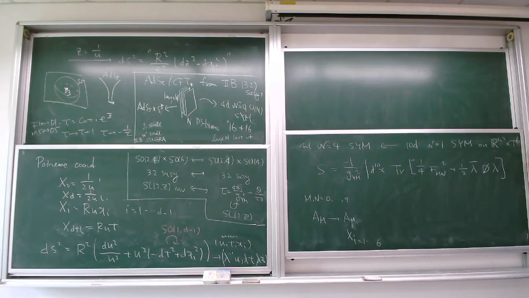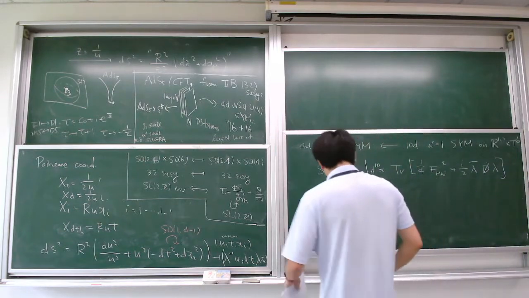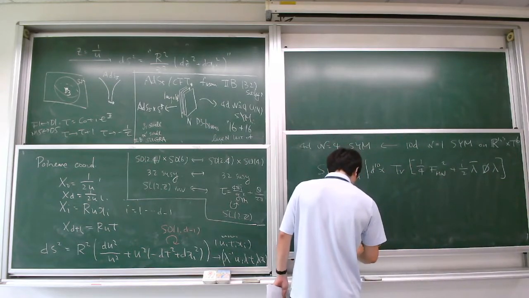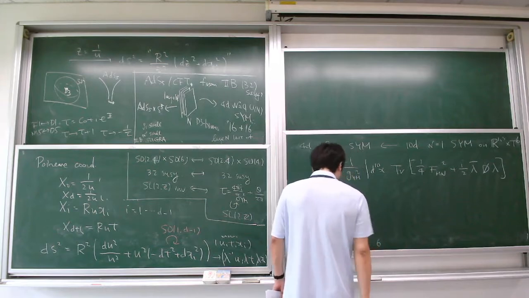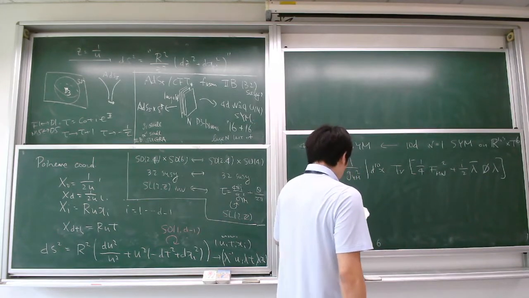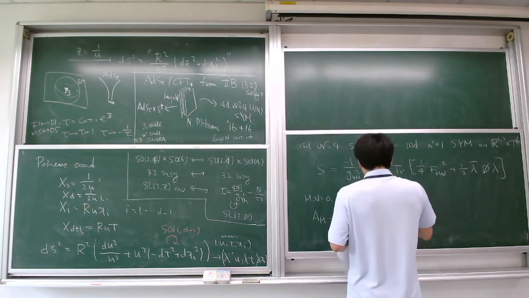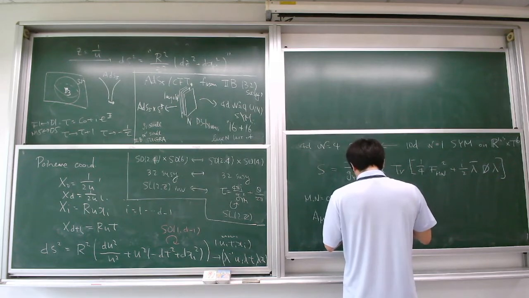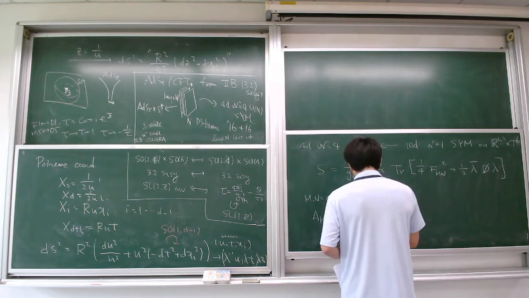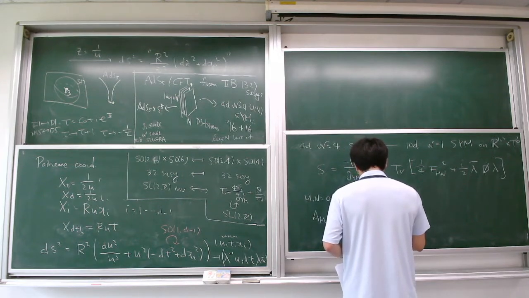Sorry, I think this is T^6. So in total 10 dimensions, I runs from 1 to 6, coming from the gauge field on the T^6 direction. I call it small m. And mu runs, of course, from 0 to 3.